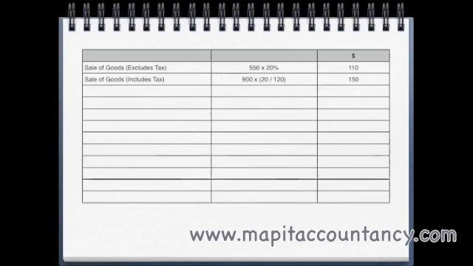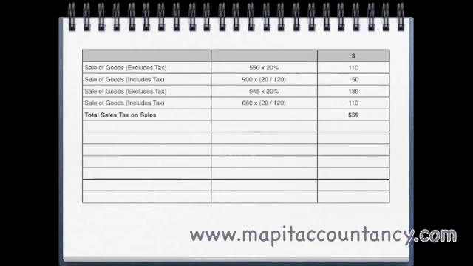The 945 next excludes tax, so simply multiply by 20% to get 189. And lastly, the 660 includes tax, so we multiply by 20 over 120 to get 110. Add it up and we get 559 for our sales tax on our sales.